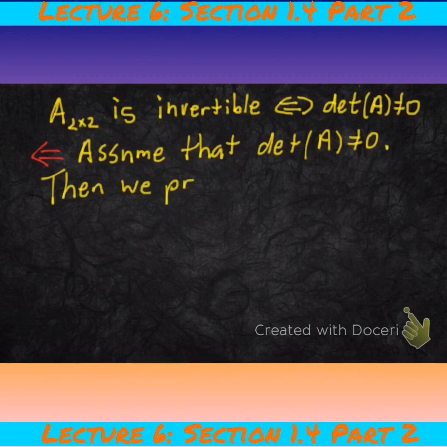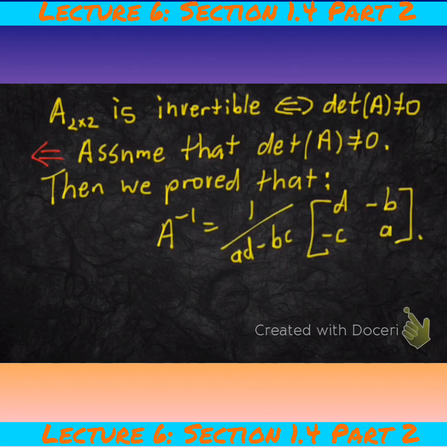We proved previously that A's inverse is going to be 1 over that term. We proved that previously, if you guys can remember. So we proved that A is definitely invertible, its inverse exists. And remember, that term is the determinant of A. And if that term is not 0, then we could actually solve the inverse.